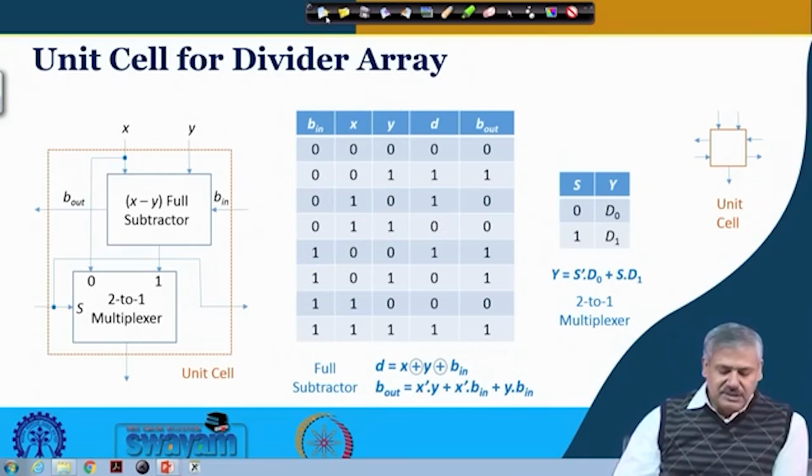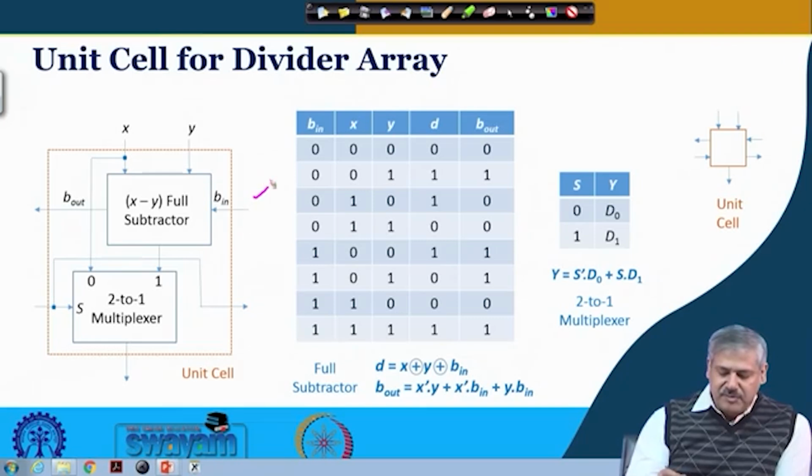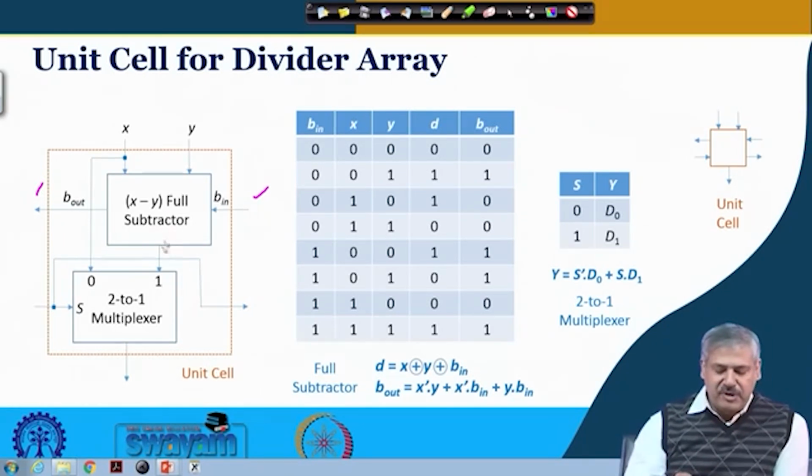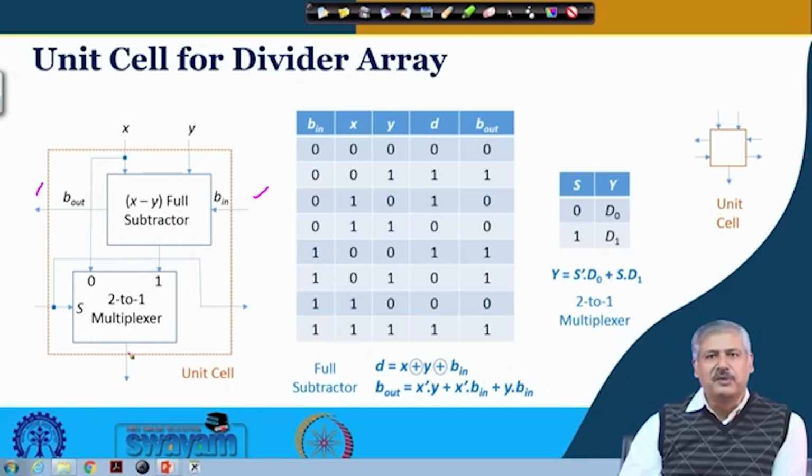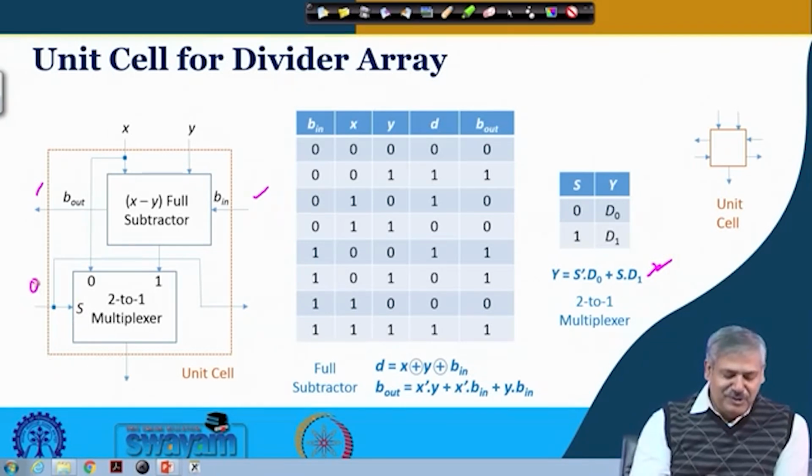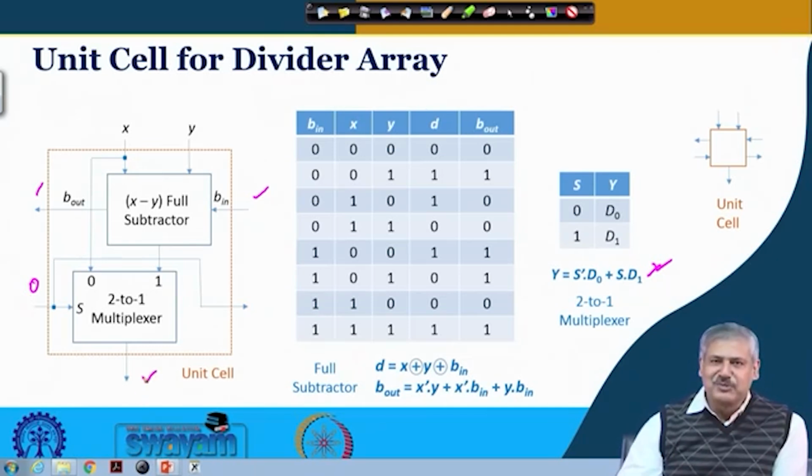Now this full subtractor has the input b in and the output b out. Then the full subtractor output goes to a 2 to 1 multiplexer. There is one select line, and the relationship we already know. If the input over here is 0, then x is passed as the unit cell output.